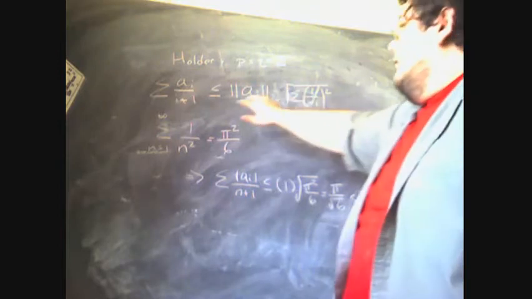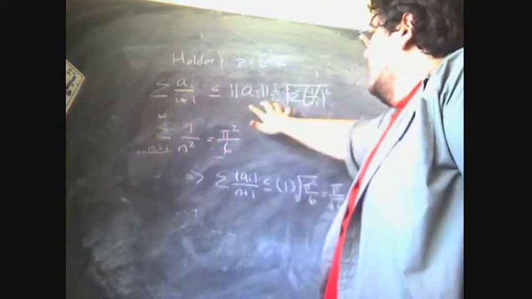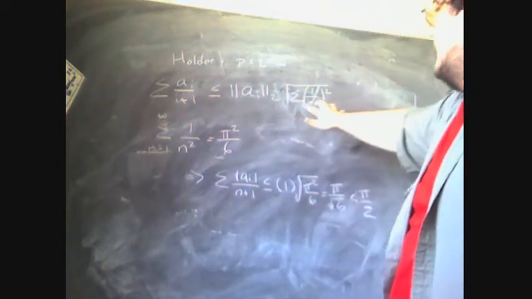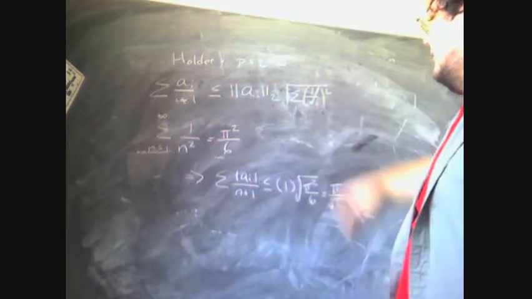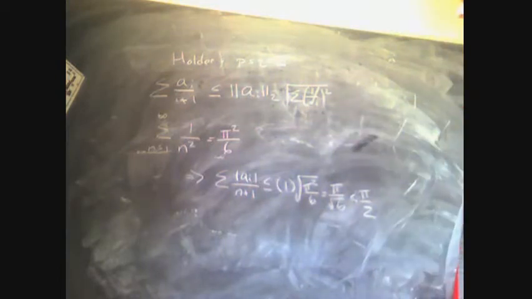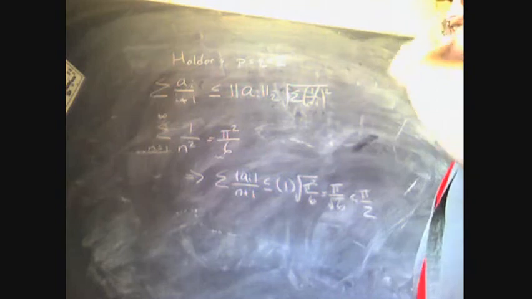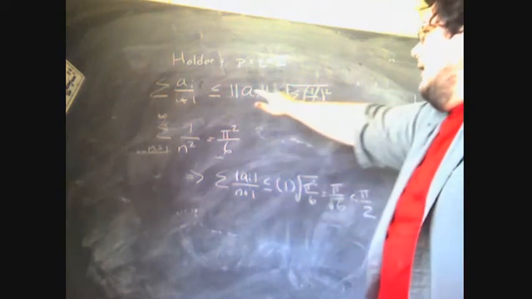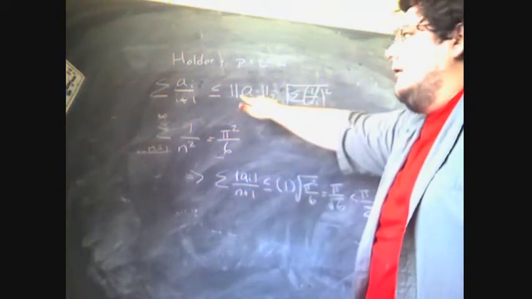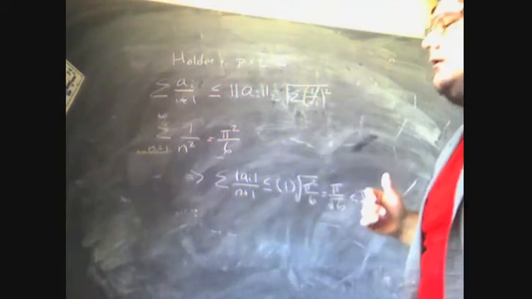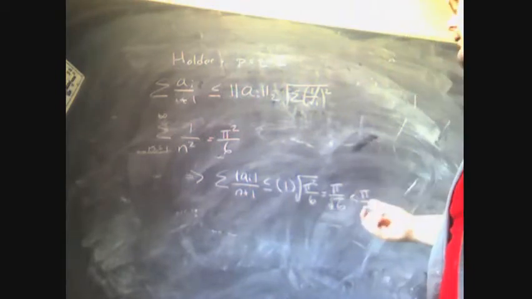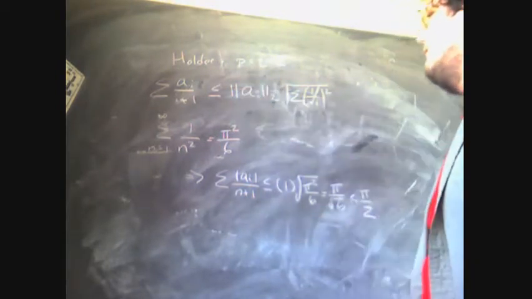So we take the 2 norm of each part, so we have the 2 norm of the ai, and then we have the sum of 1 over i plus 1, those individually squared. But we were told at the beginning that the sum of the squares of our coefficients was 1. So that's covered.